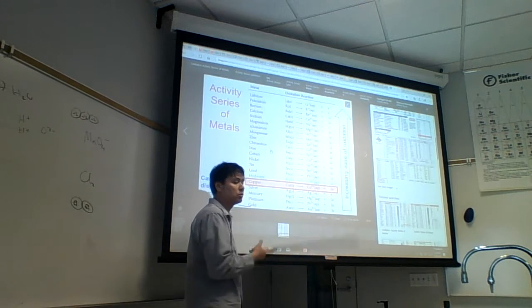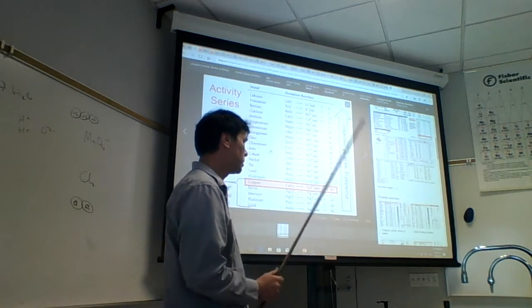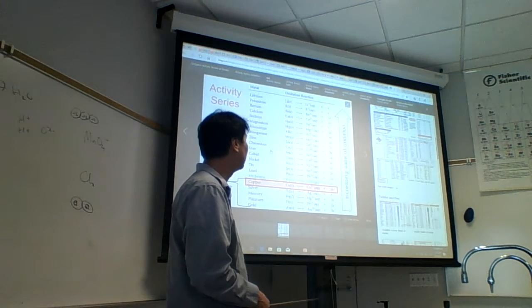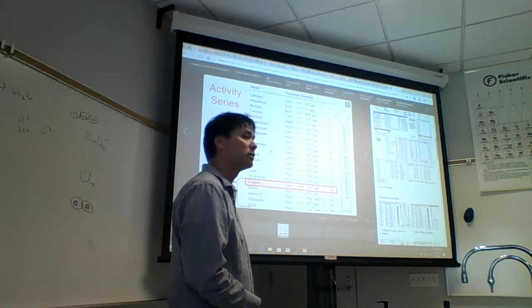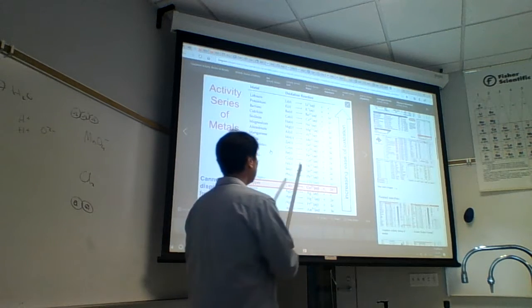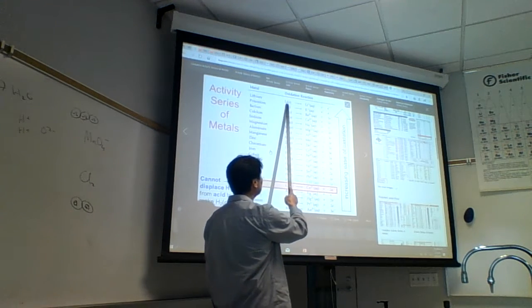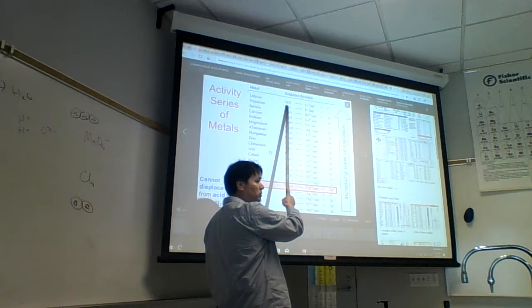But you know, there's no right side up, there's no upside down. It doesn't matter what orientation it is. You should know that this one, lithium, is the most powerful reducer on the chart.